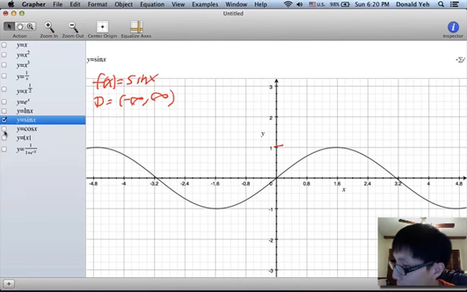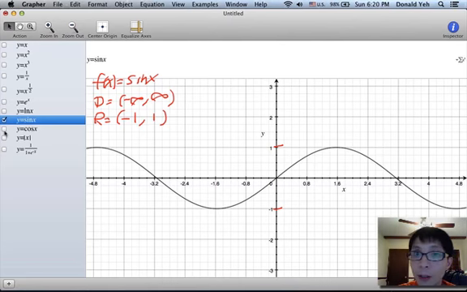You're gonna see here, it is between negative 1 and 1.